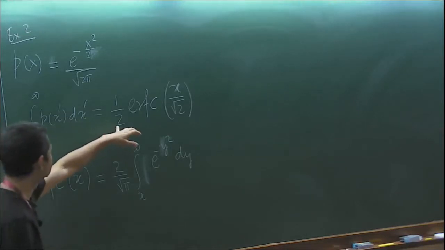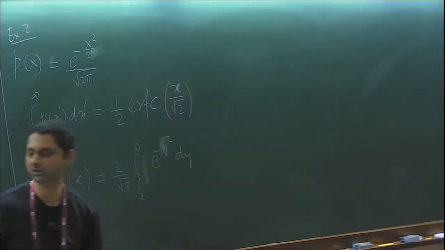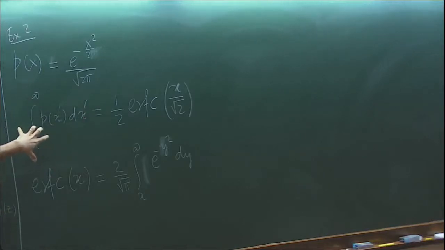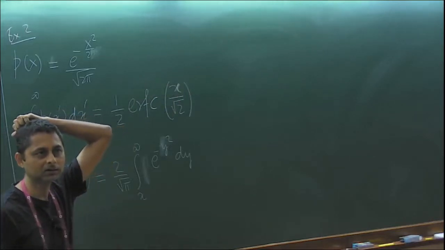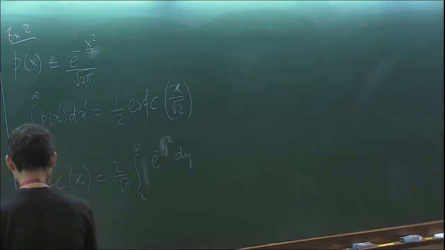But I need this for large x, because this term should be of order 1 over n, and that comes from large x. So for large x, how does the complementary error function behave? As x goes to infinity, of course, it goes to 0. So how does it go to 0? It's an exercise.